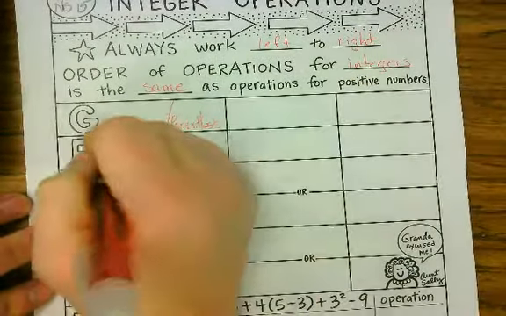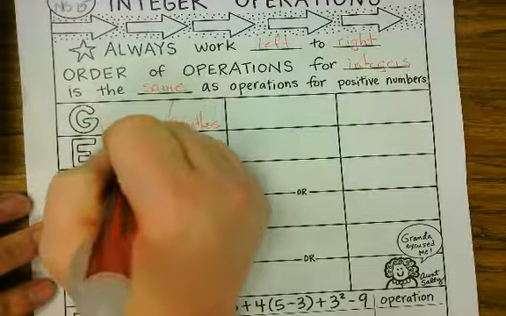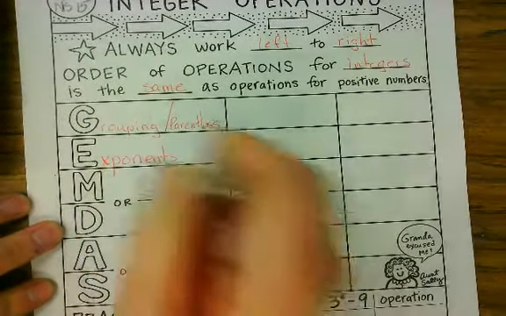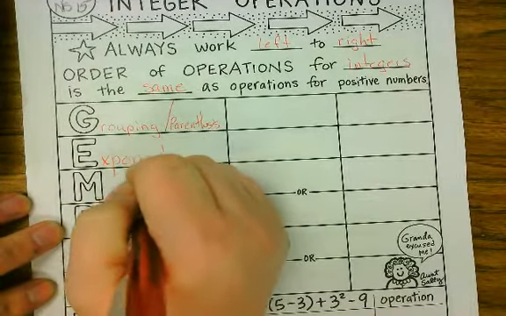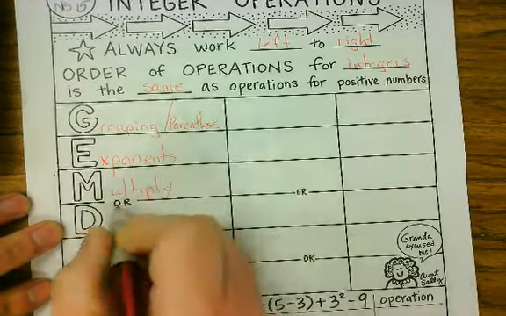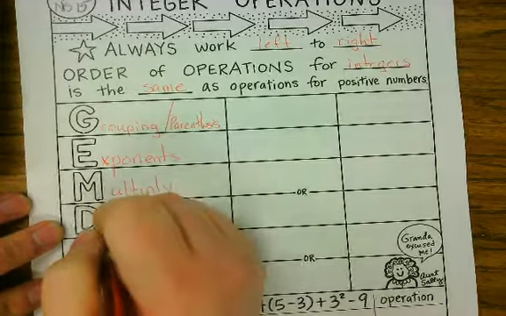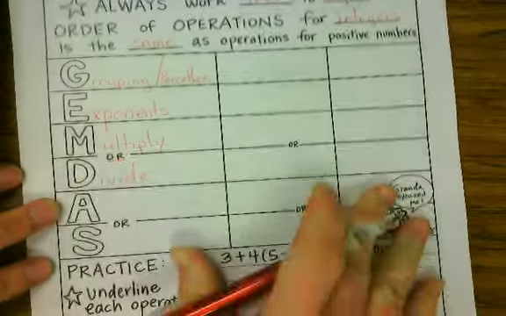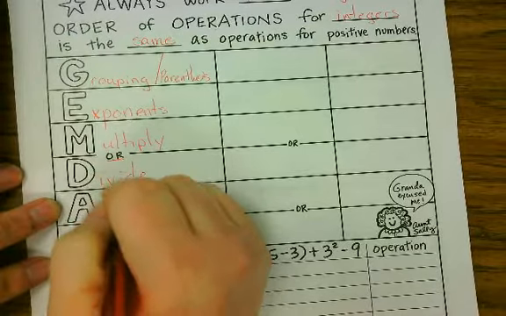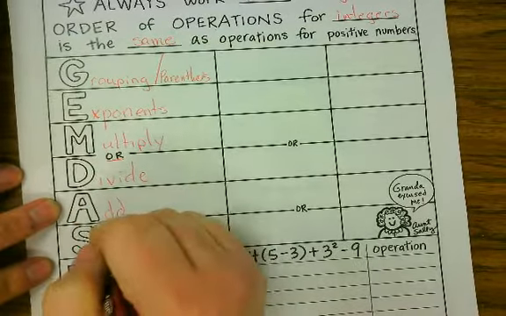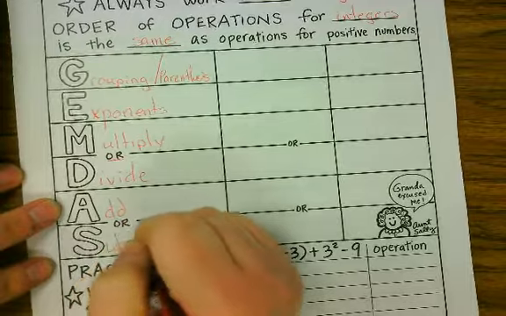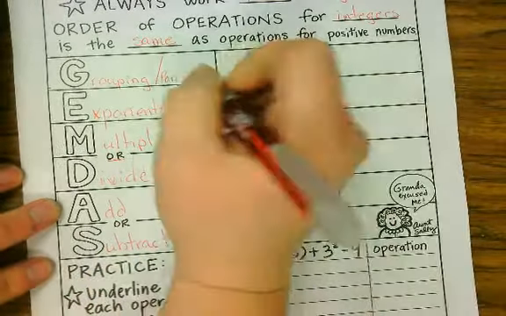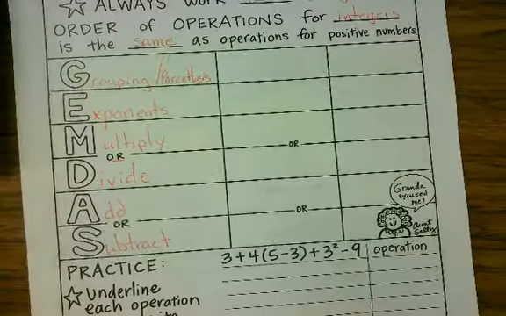Then we do exponents, multiply or divide, add or subtract. Okay? I know I wrote that kind of sloppy right there.